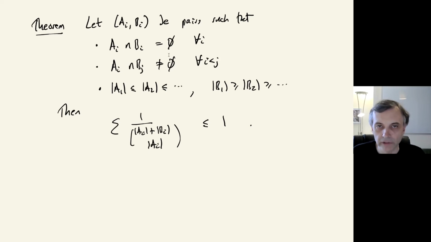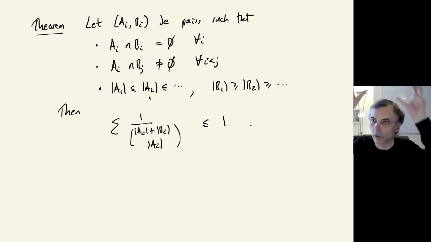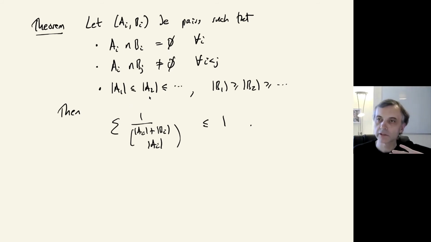Pairs are disjoint. Earlier A's intersect later B's as usual. And now the constraint is that the size of the A's is going up and the size of the B's is going down. In that case, we do get the weighted conclusion.